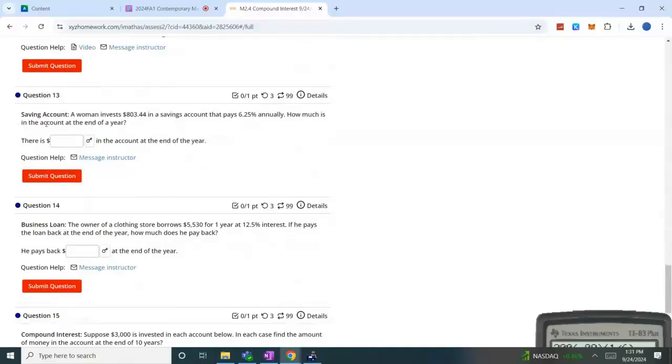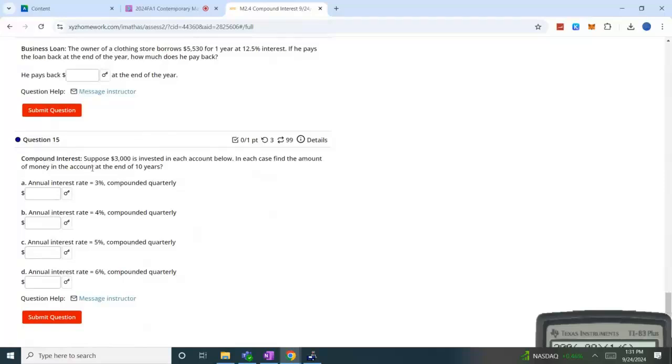Okay, so 13 is different. That's a savings account. It's a lot of formulas coming at you at one time. Like you could use the simple interest formula, or you could just multiply 803 by 1.0625.